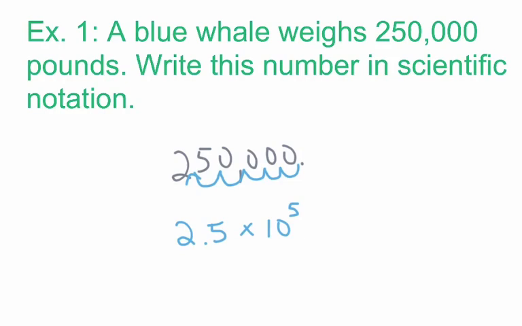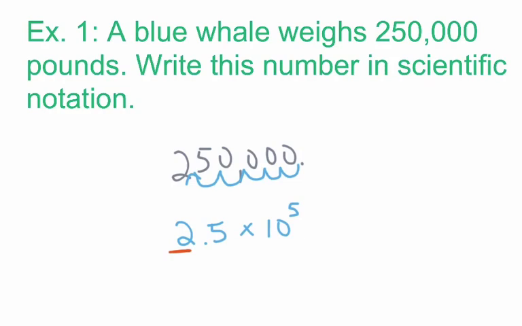Now here are the key things that we need to identify when we're looking for a number in scientific notation. Again, we need a single-digit number in front of the decimal. So if we have 2 numbers to the left of the decimal or a 0 to the left of the decimal, that does not count. We need a number between 1 and 9 to the front of our decimal. Okay?